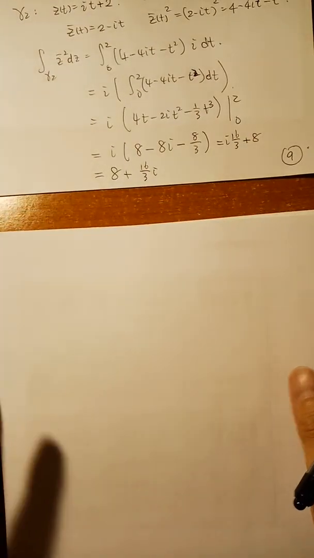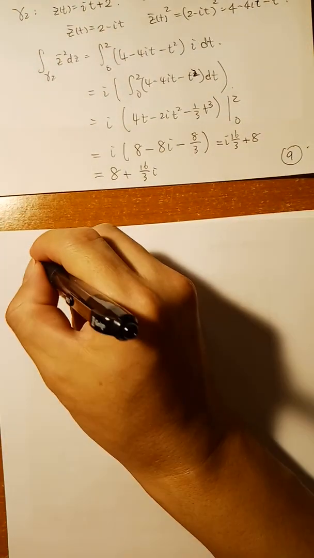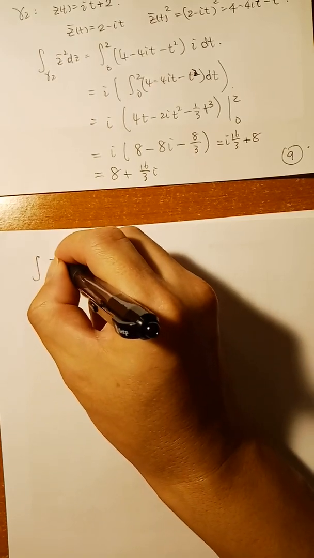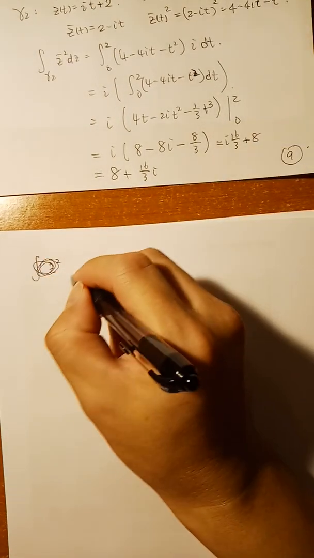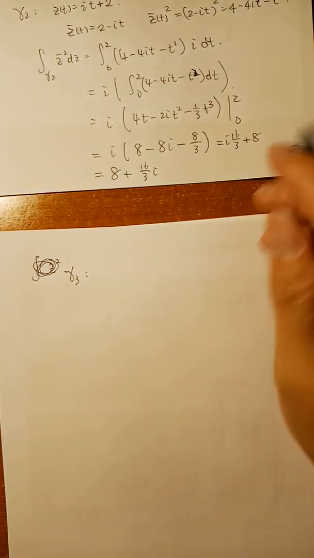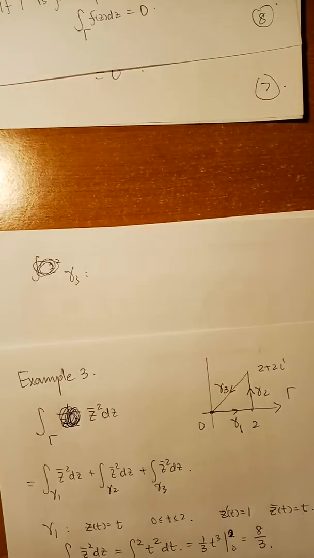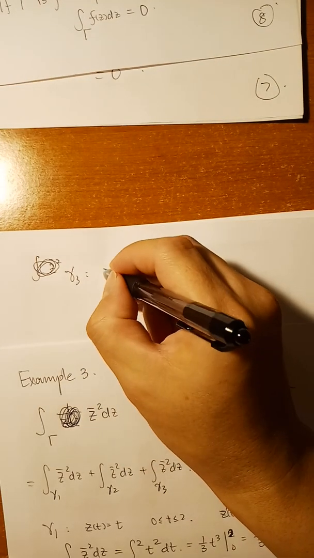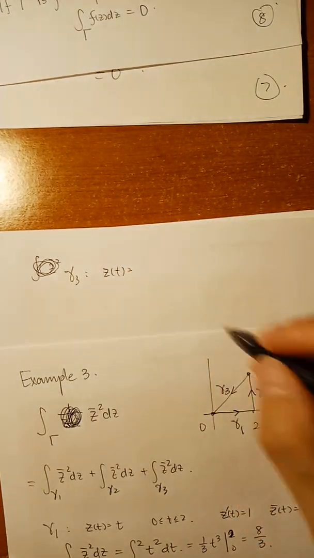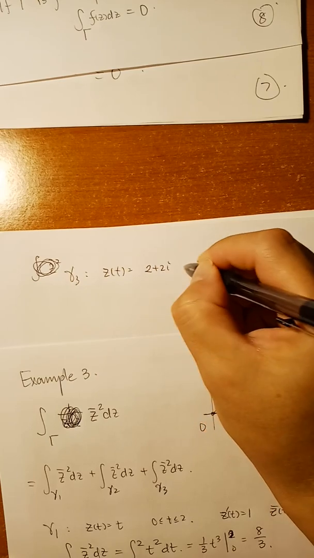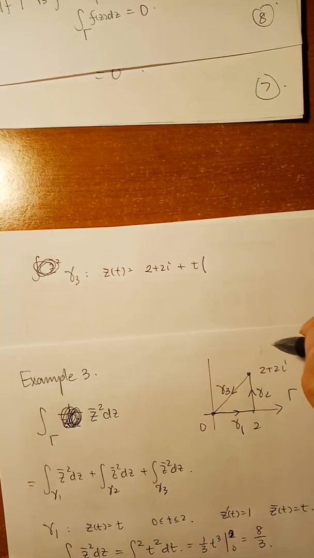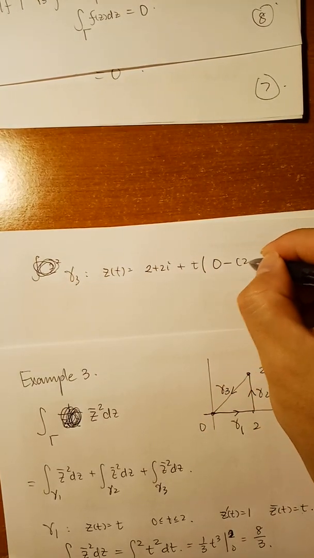Okay, let's continue this. We get the integral along the third curve. So the integral of z bar along gamma 3. Where's gamma 3? Gamma 3 is here, from 2 plus 2i to 0. So z of t is the initial point plus t times terminal minus initial, 0 minus 2 plus 2i.